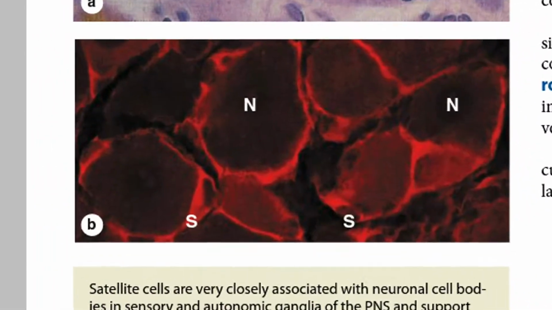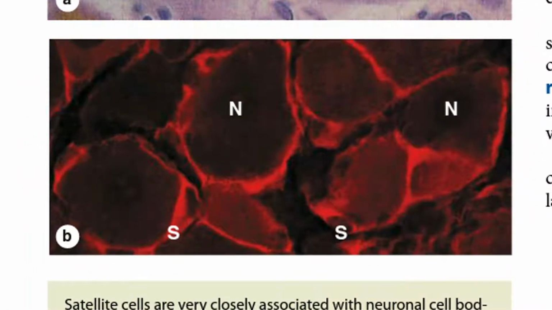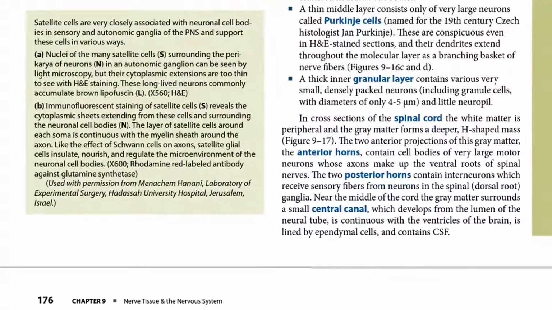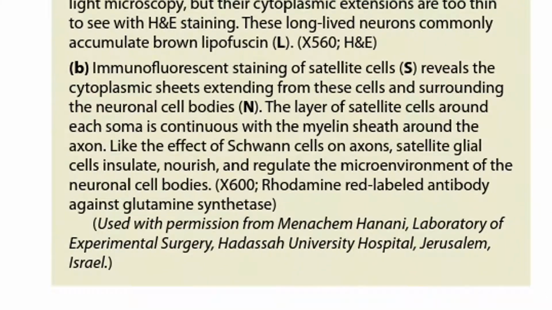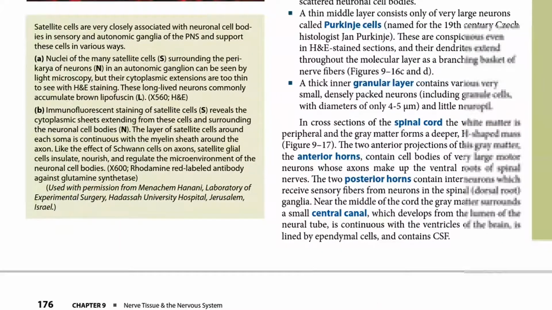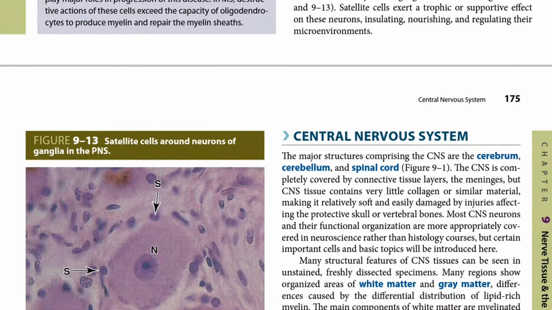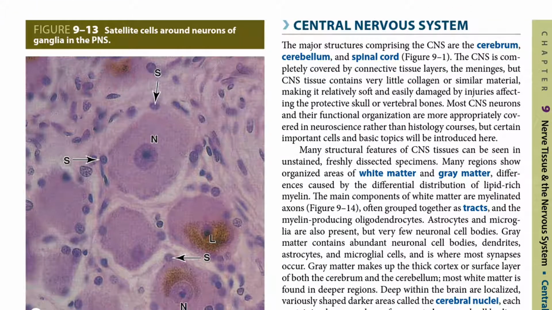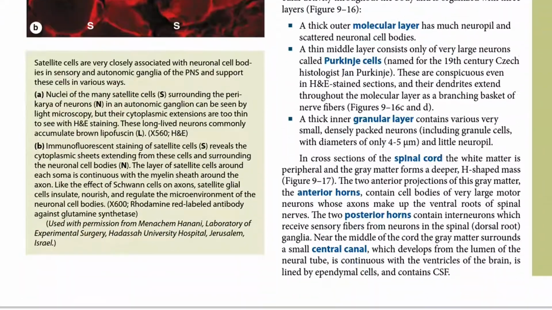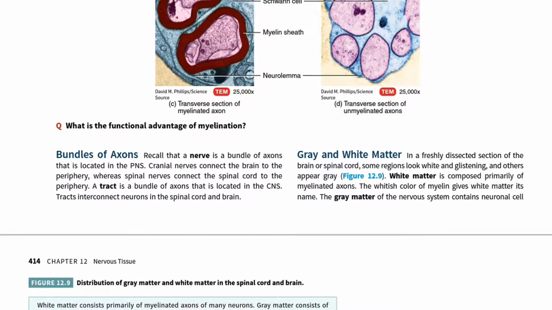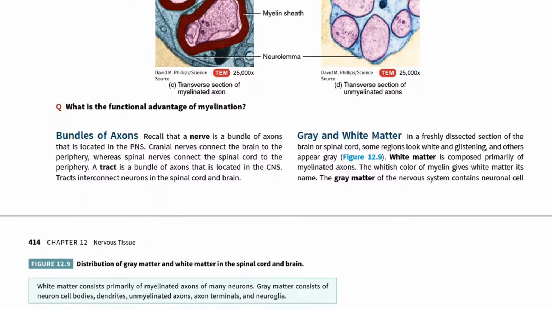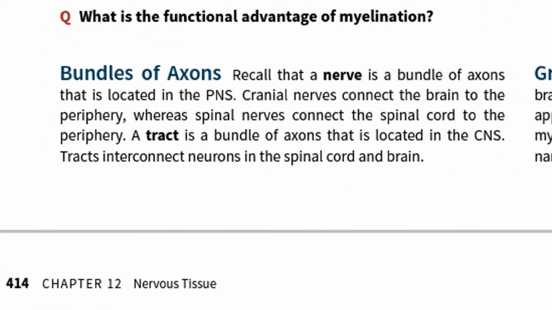Then in figure B, N and S, this figure is an immunofluorescence staining of satellite cells, and N is the neuronal cell body, showing satellite cells around neurons of ganglia in the PNS. Now let's talk about the axons, bundles of axons.